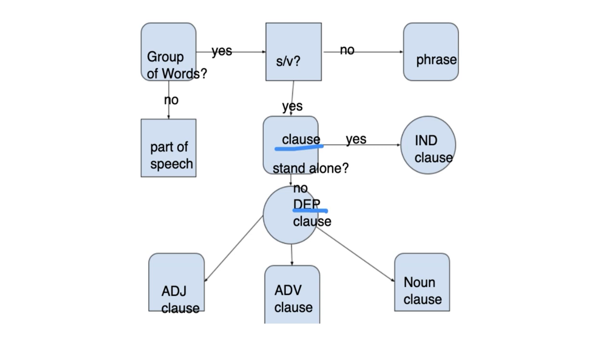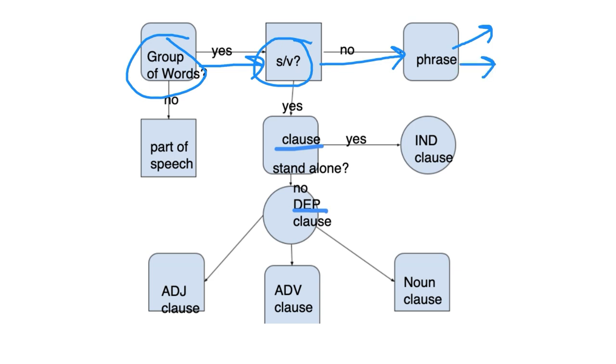So we would say, is this a group of words? Well, if the answer is yes, we're going to go to this box. Does it have a subject and verb? If the answer is no, then we know it's a phrase. Now, if we were focusing on phrases at this point, we could ask some other questions and talk about different types of phrases. But we're not going that direction. We're focusing on clauses. So if the answer is yes, it does have a subject and verb, then we know it's a clause.